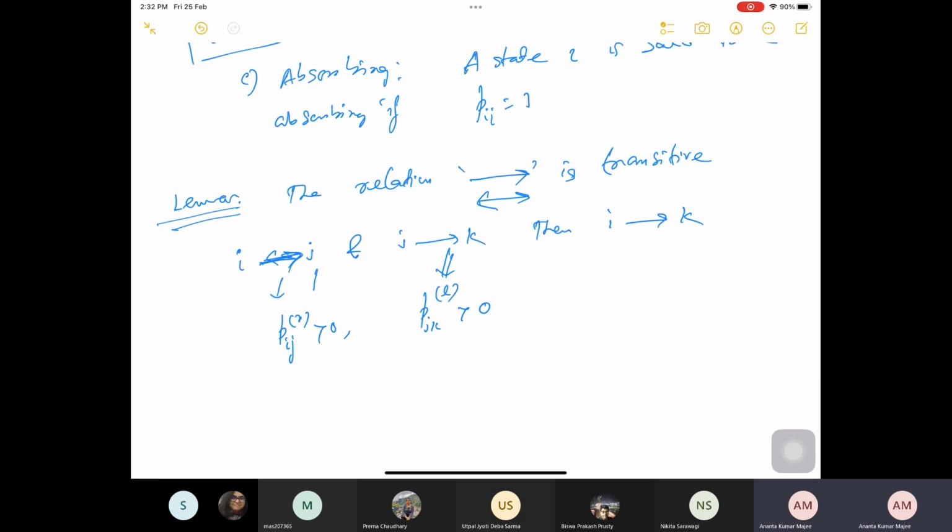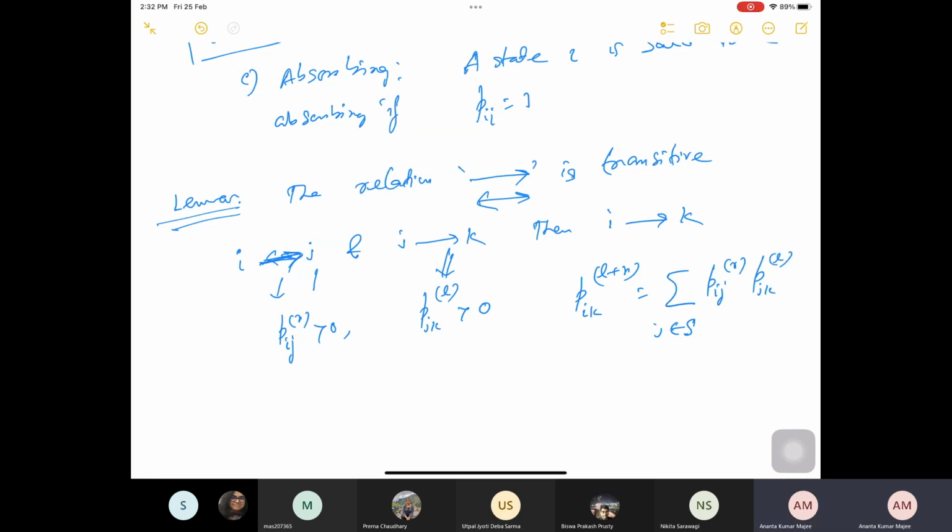Now what I have to consider is P_ik(L+R). By using Chapman-Kolmogorov, I can consider any state J in S: the sum of P_ij(R) P_jk(L).